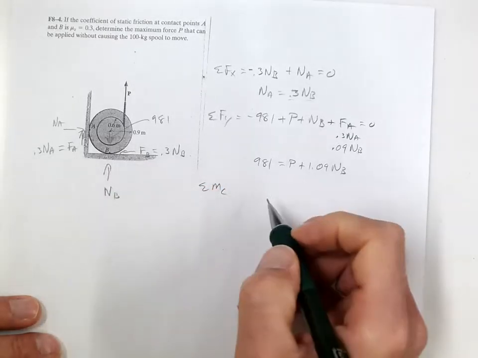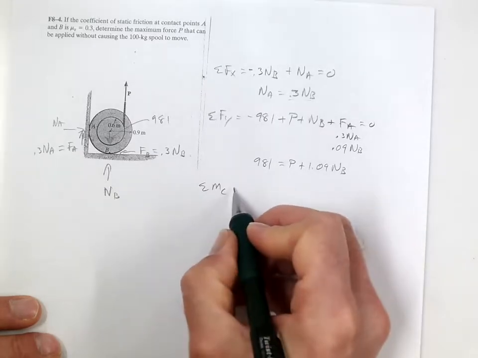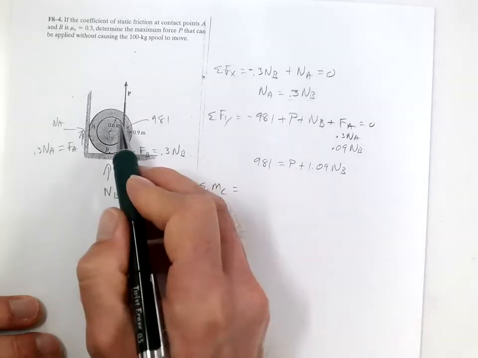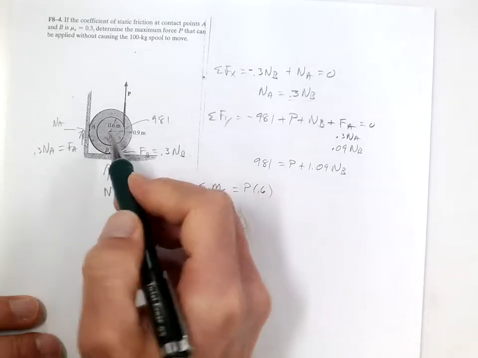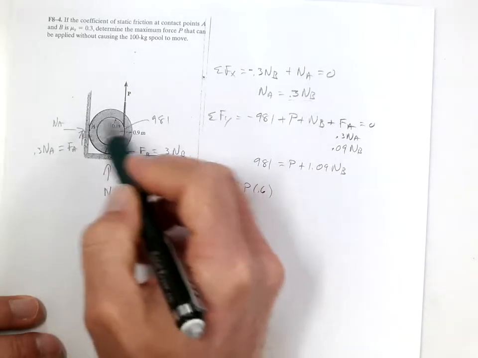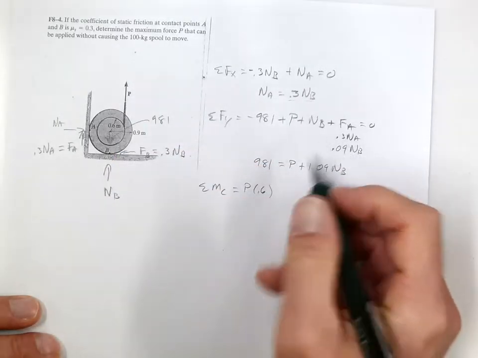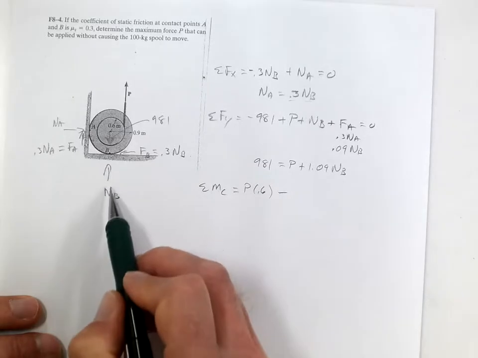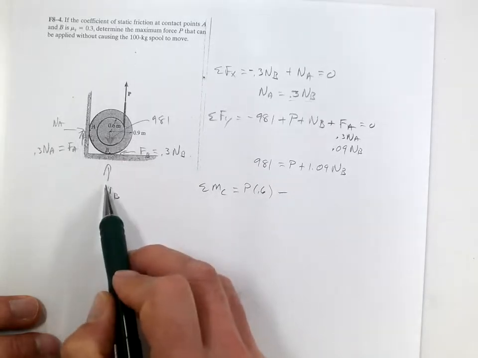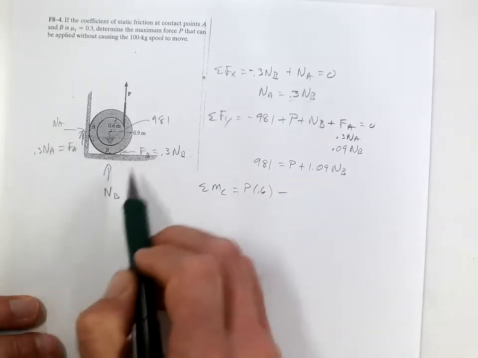I'll call that C. And so we have P times 0.6, which will cause rotation that way, which is positive. And then we subtract off NB goes through it, and NA goes through it.